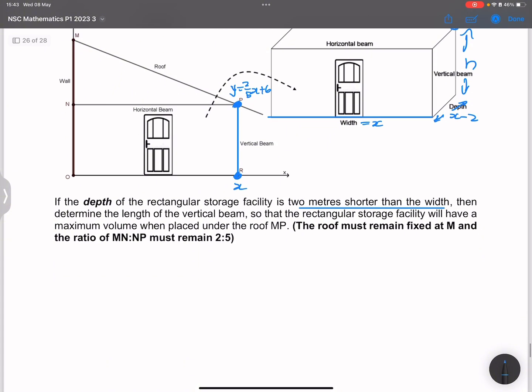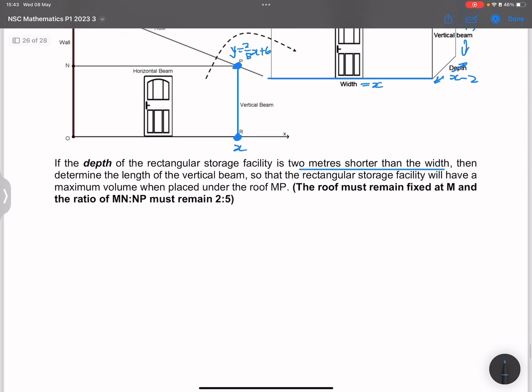Now, what are we trying to maximize? We're trying to maximize the volume. They say to us, so that we have maximum volume. So in this case, we're going to say V of x. This is going to be the width multiplied by the depth multiplied by the height.